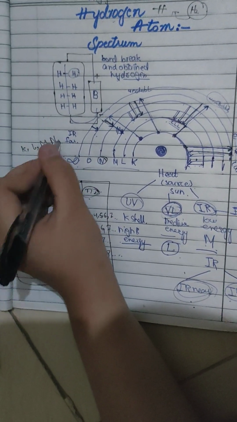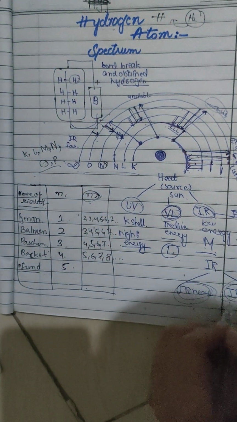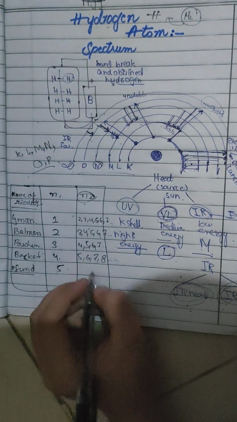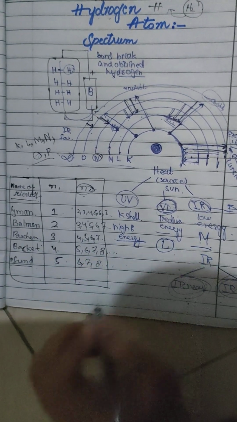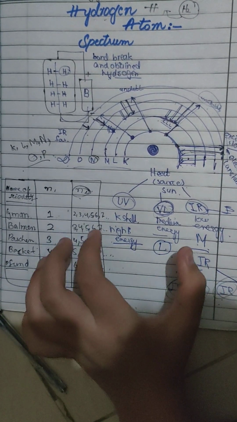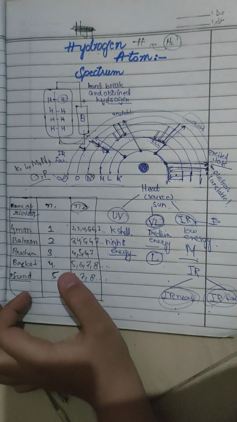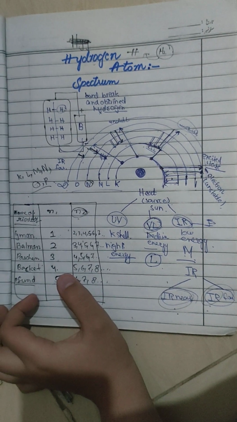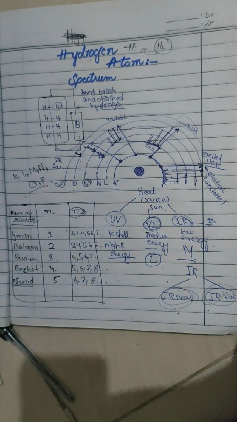So 1, 2, 3, 4, fifth was O. So the IR far was coming at the O. So this will be the further 6, 7, 8, and further on. Fine. So this was how the scientists' names came and how, for the hydrogen atom, we found how much energy it emits, and that's all.